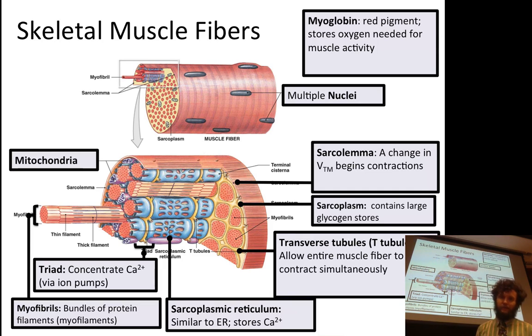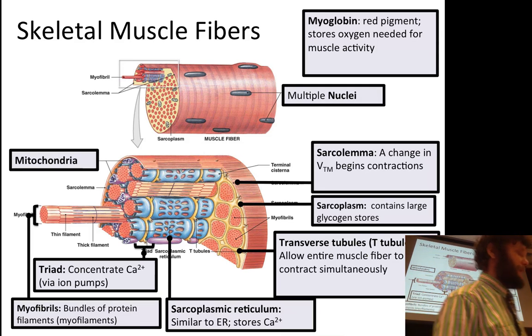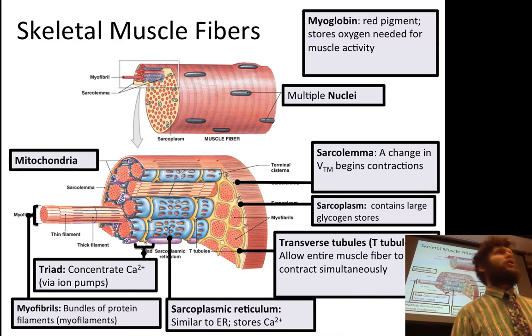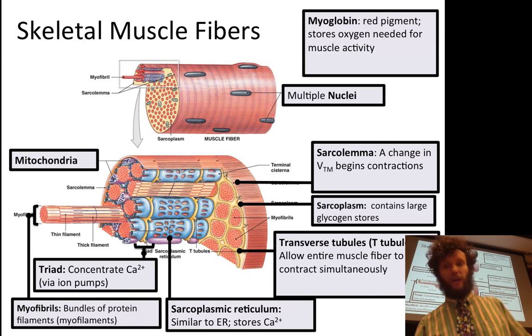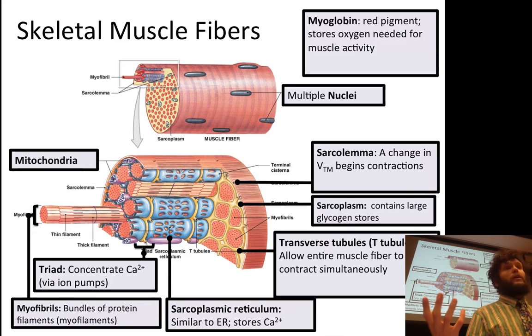They're red because they are packed with myoglobin. Myoglobin is a monomeric relative of hemoglobin. We'll talk about hemoglobin, I think, in the respiration chapter, probably. Myoglobin is essentially an oxygen storage molecule that acts as sort of an oxygen buffer, right?